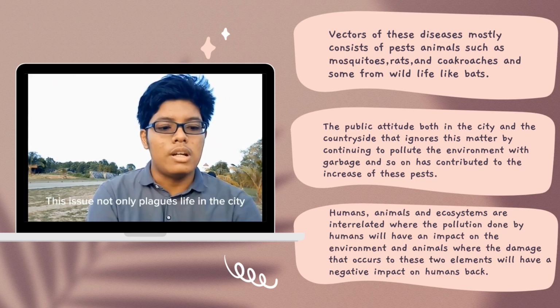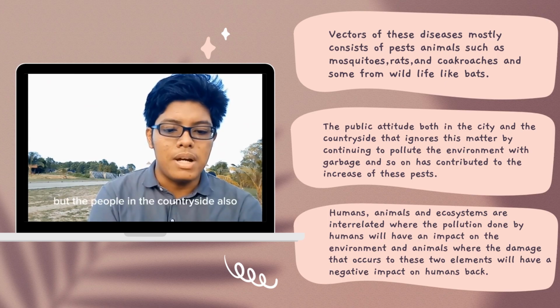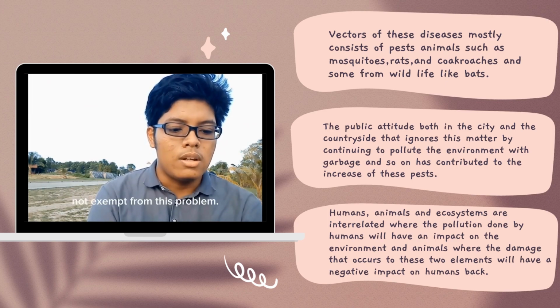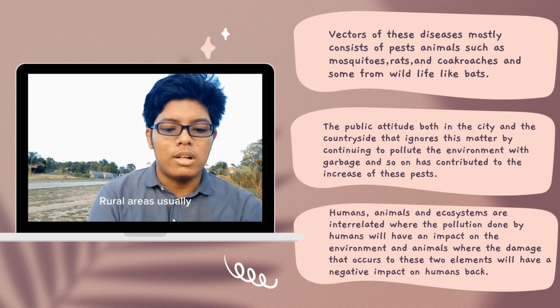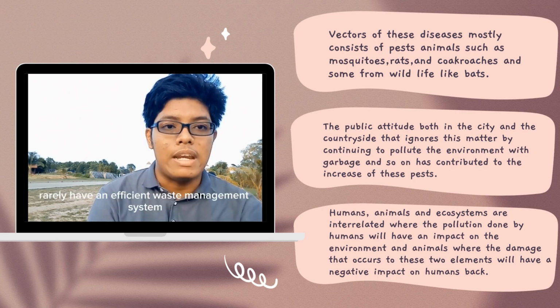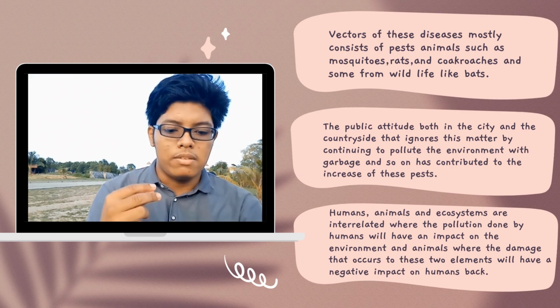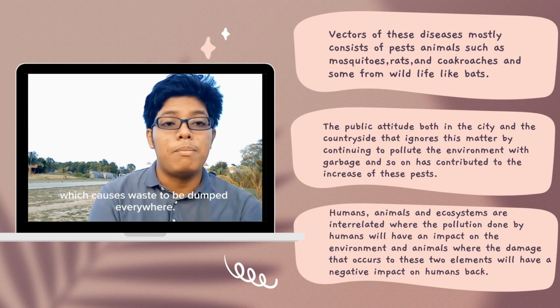This issue not only plagues life in the city, but people in the countryside are also not exempt from this problem. Rural areas usually rarely have an efficient waste management system, which causes waste to be dumped everywhere.